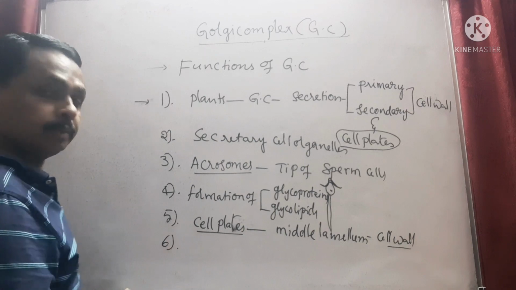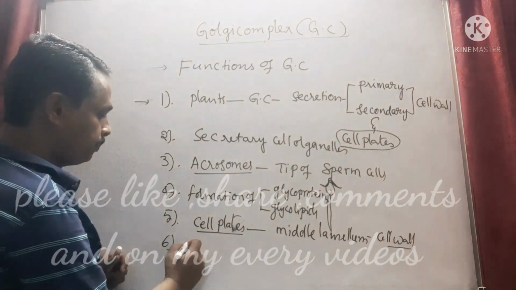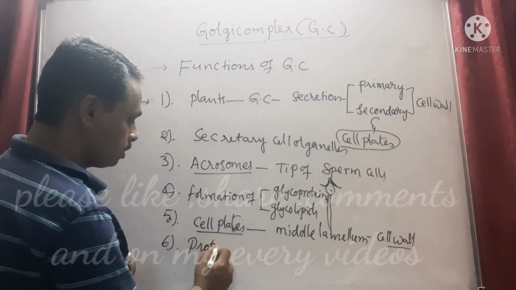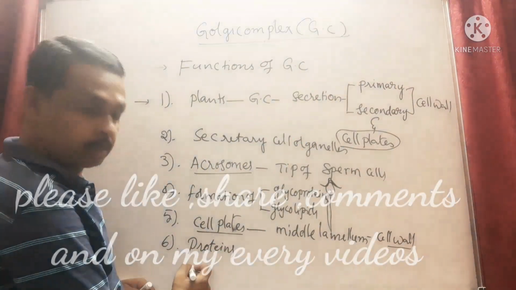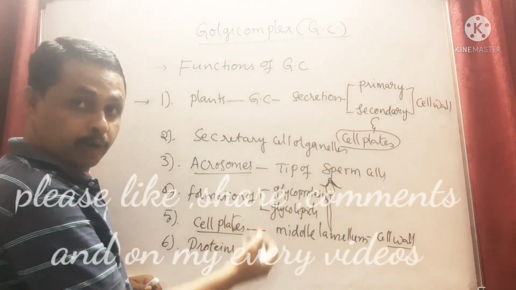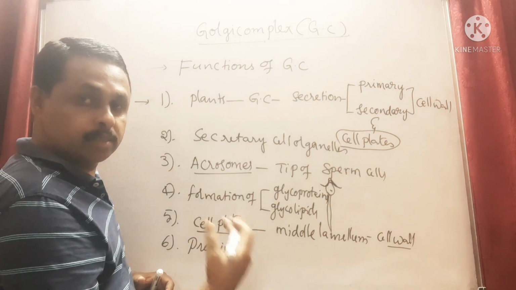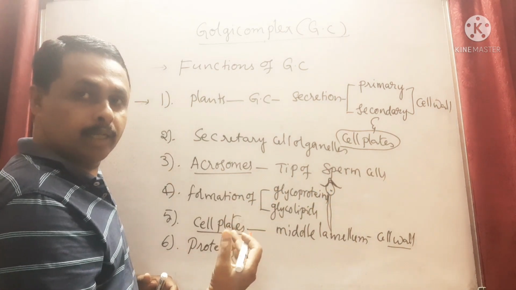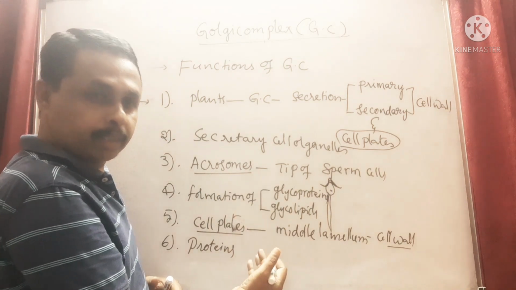And the next one: these are proteins which are formed in the Golgi complex. That means the endoplasmic reticulum is transporting proteins to the Golgi complex.